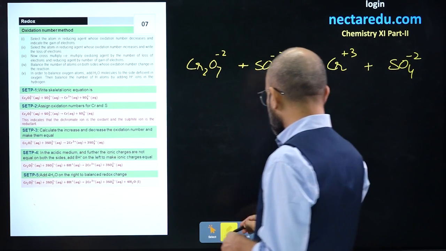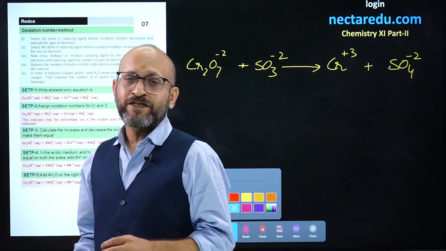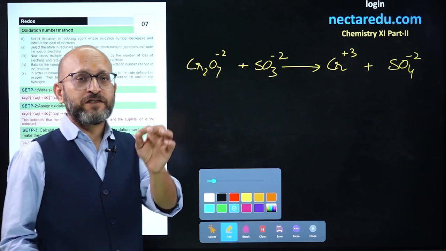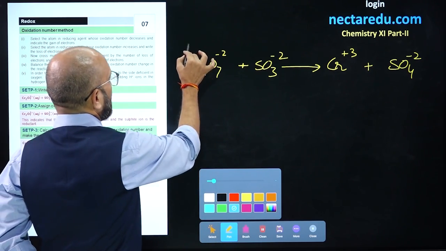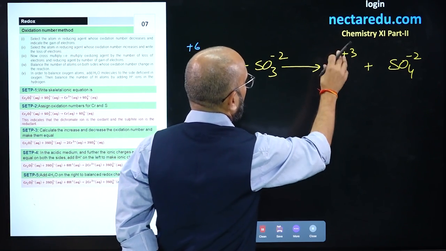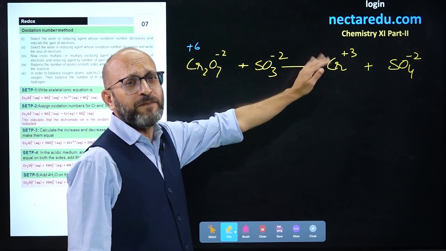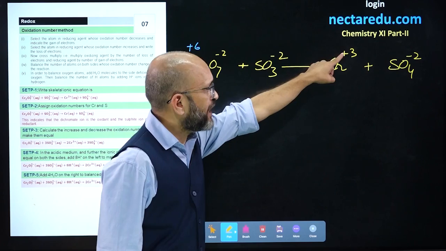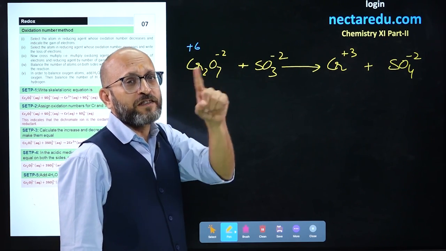What is the first step in this reaction? The first step is writing down the oxidation number of the species which change their oxidation number. Chromium has an oxidation number of plus 6. If an individual atom is forming the ion, then the charge on the ion is the oxidation number as well.